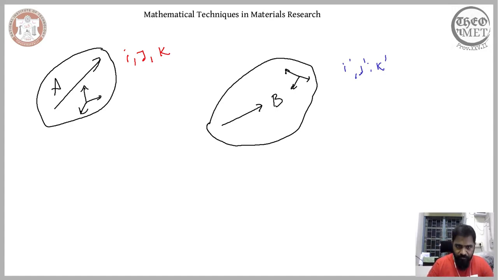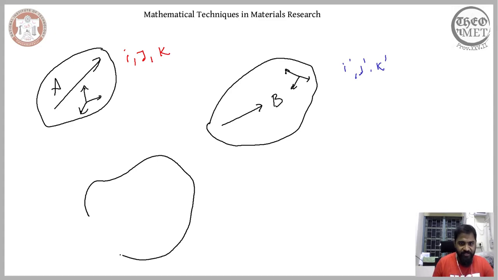Now our goal is to relate our A vector to that of the B vector. In order to do that, we are going to come up with a new space that includes both this A space and B space. We are going to merge these two spaces and come up with a new space. It looks like this.